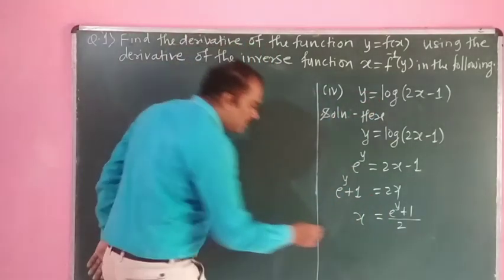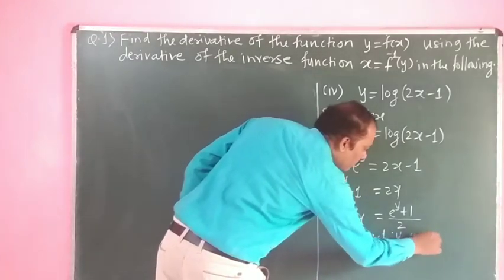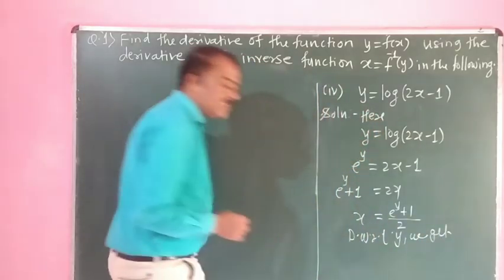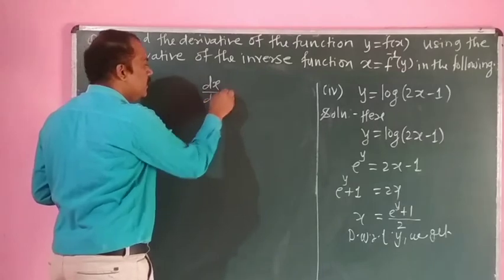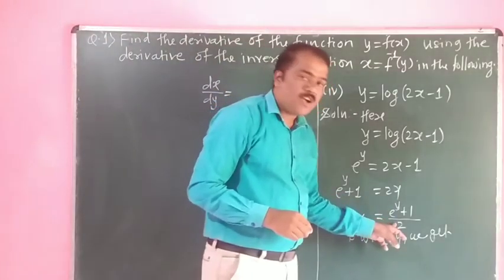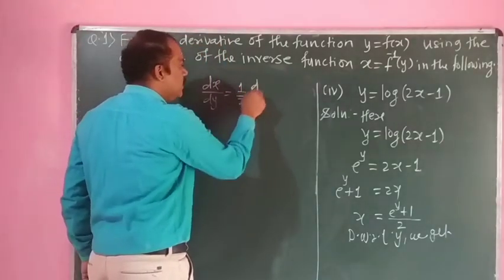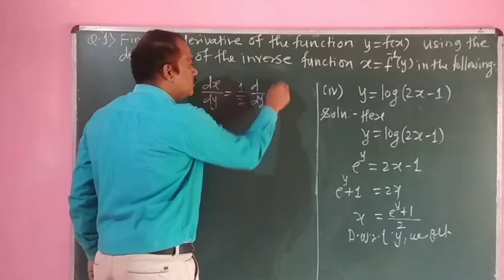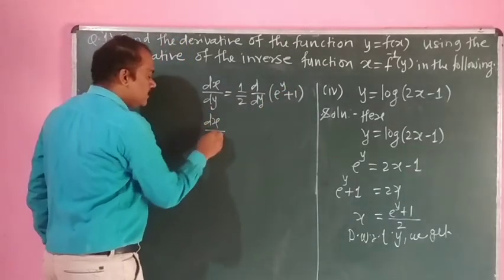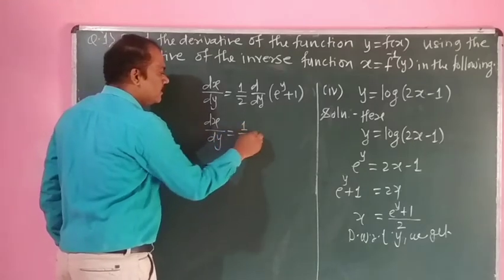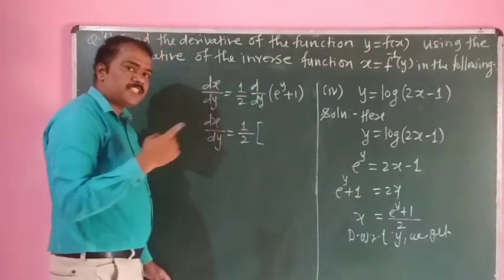Now we have to differentiate with respect to y. The differentiation of x with respect to y is dx by dy. Here 1 upon 2 is a constant, so we take it outside the derivative: dx by dy is equal to 1 upon 2 into d by dy of e raised to y plus 1, which is 1 upon 2 into the derivative of e raised to y with respect to y.